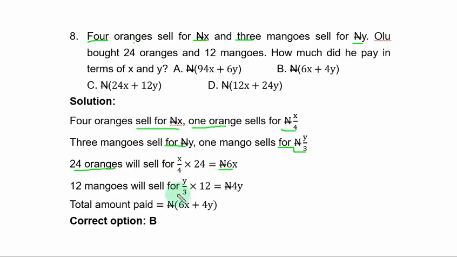That is Y/3 times 12, and that is 4Y naira. The amount he paid in terms of S and Y is simply the addition of the two selling prices. That is 6S plus 4Y, all in naira. B is the correct option.